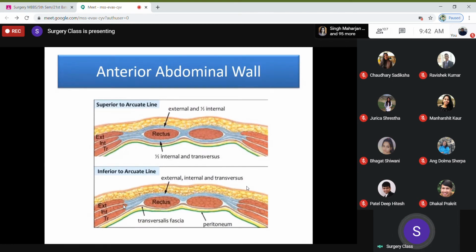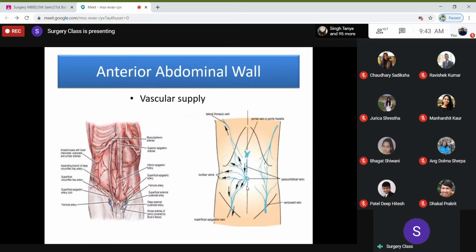If you keep this diagram in your mind, you don't have to describe it. You will understand how the anterior abdominal wall musculature is formed. And there are a lot of vessels and a lot of lymphatics.